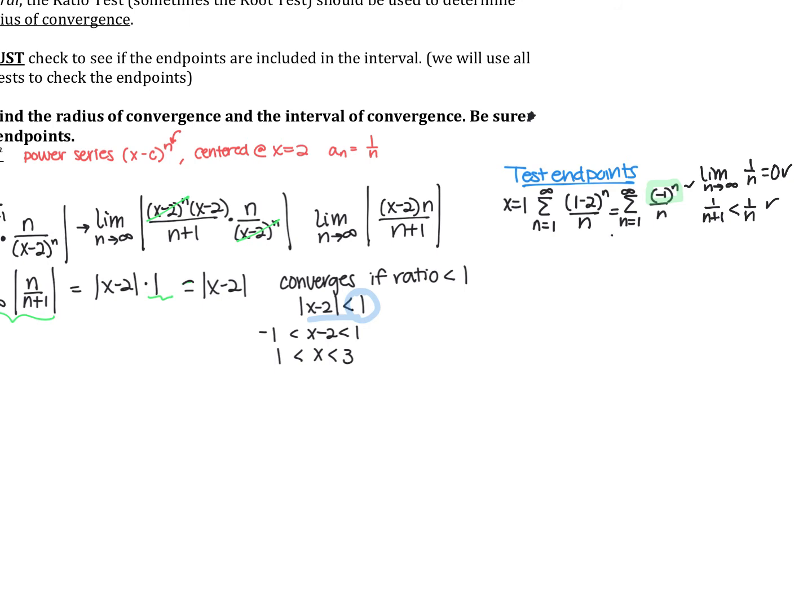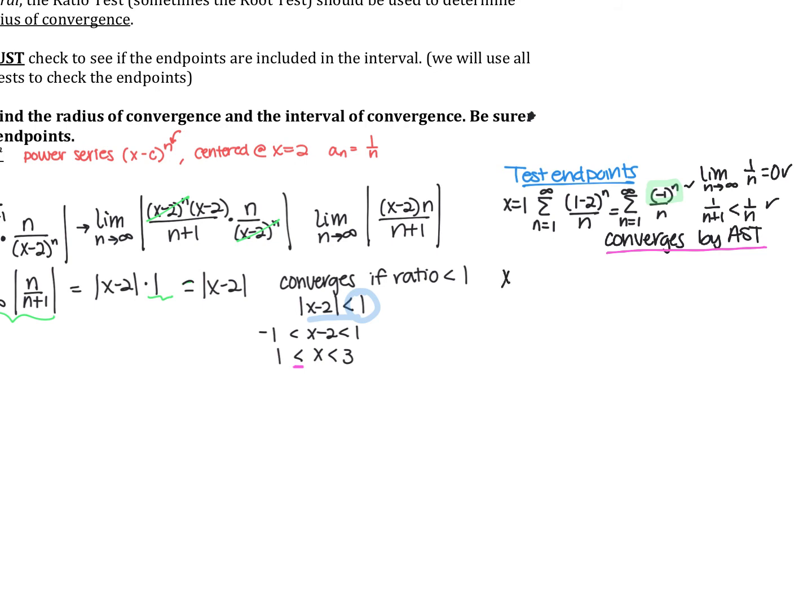Yes. So we can say this converges by the alternating series test. Because this endpoint converges, I am going to include an equal part of that 1. So I need to test the endpoints to see if my interval includes 1.